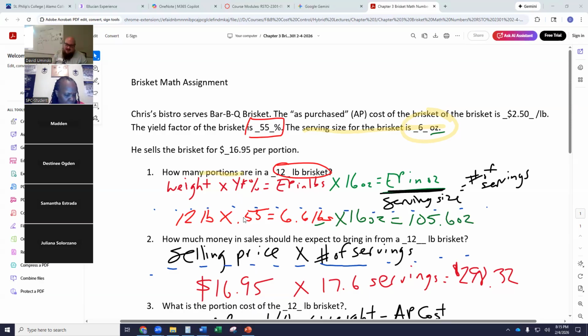And now, because I'm in ounces, now I can divide by my serving size of 6 ounces. Sorry, it's a little crowded. Let me see if I can fix that.